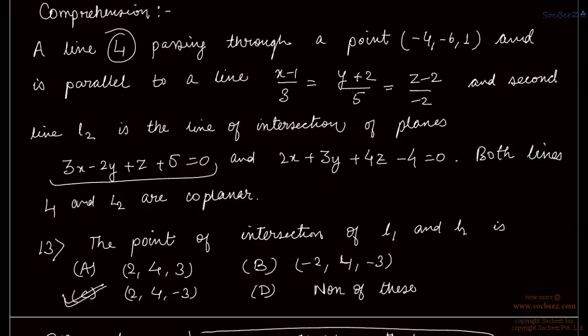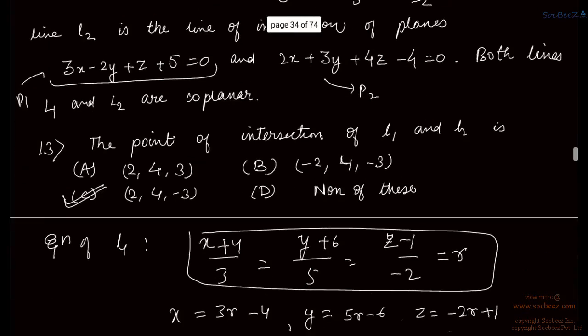So the direction ratio of line L2 must be a vector which is perpendicular to both normal vectors of planes P1 and P2. Say this is plane P1 and this is plane P2. So the direction ratio of line L2 is perpendicular to the normal vectors of both planes P1 and P2, right? So taking the cross product of the normals of P1 and P2, we will be getting the direction ratio of line L2, right?